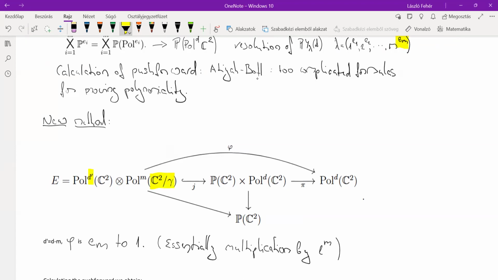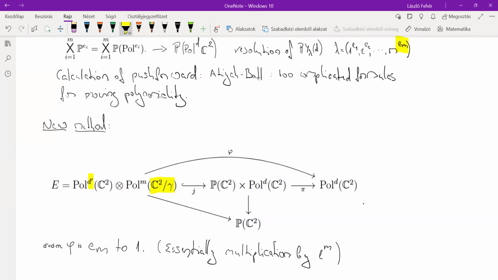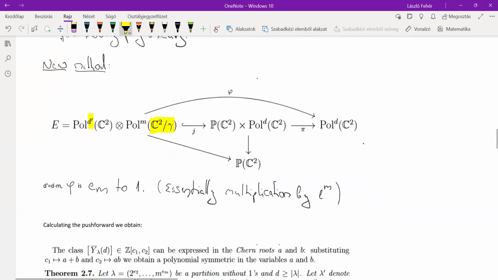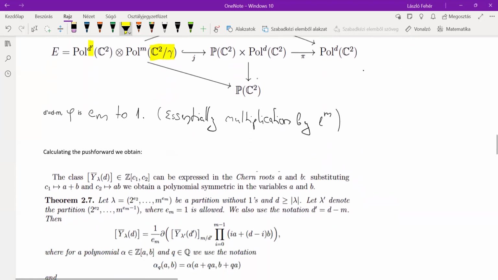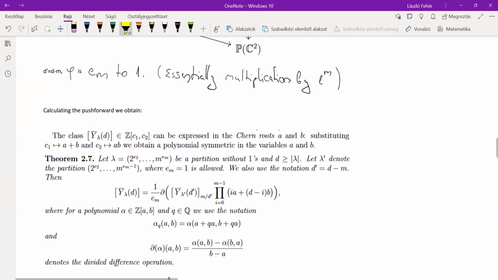So it's still a very simple bundle, but you need this twist to get this branched covering. So as soon as you establish that this is indeed a branched covering, which is very simple, and you calculate the push forward, then you obtain the following theorem. Okay, so this is just a careful way of writing down how to push forward.